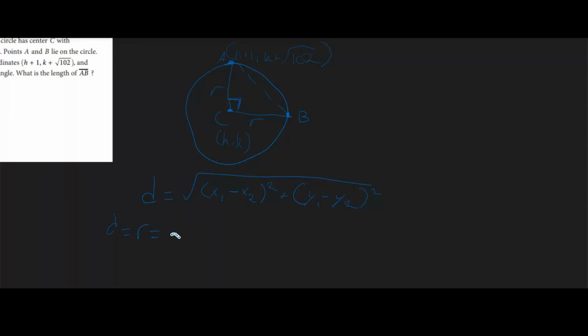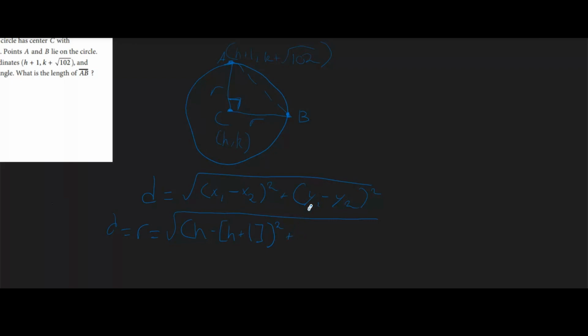Which is going to be the same as the first x point, so we have our first x, h, minus (h plus 1). I'm going to write that in brackets here, h plus 1, and remember, that's all going to be squared.